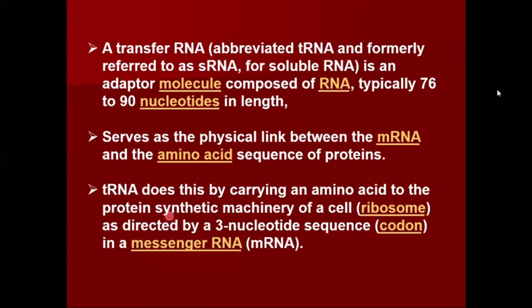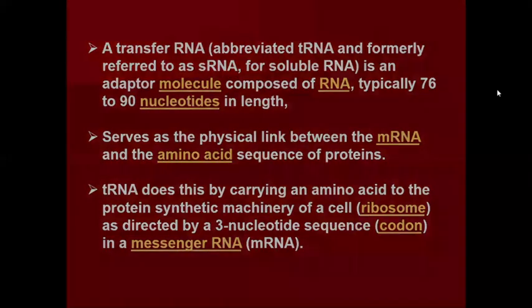Okay? And this is what I told you. tRNA carries the amino acid to the site of protein synthesis, which is the ribosome. Okay? And it is directed by a codon or codons in the messenger RNA.